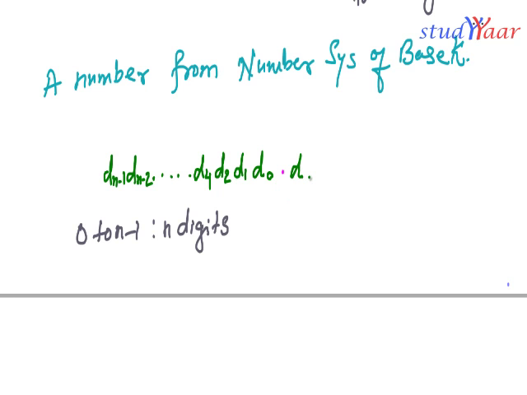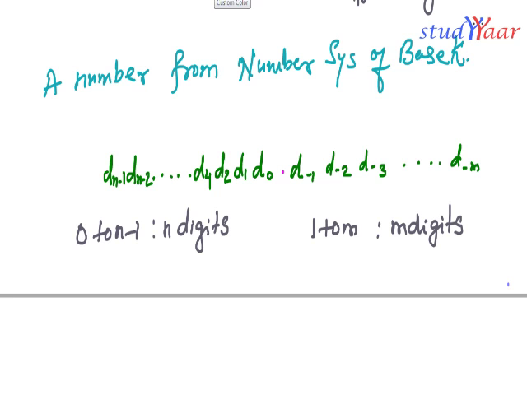Let's call it d minus 1, d minus 2, d minus 3 up to d minus m. How many digits do we have in the fractional part? We have 1 to m, which is m digits in my fractional part. Now, this is a number in the given number system of base k.